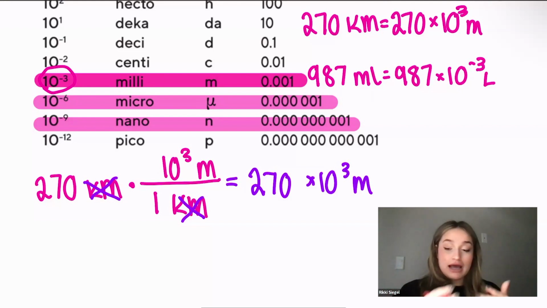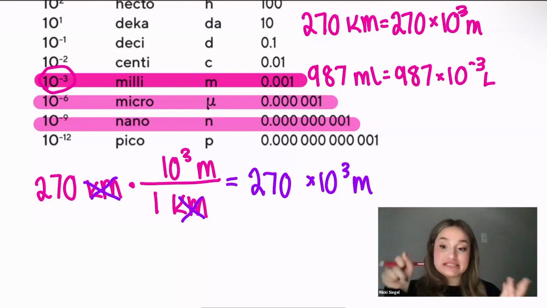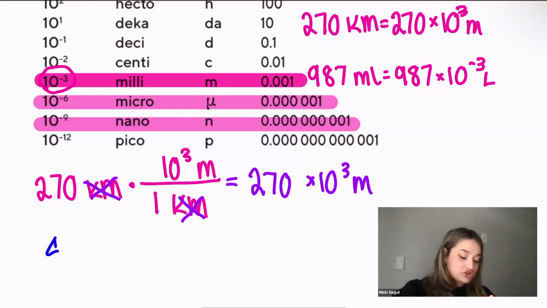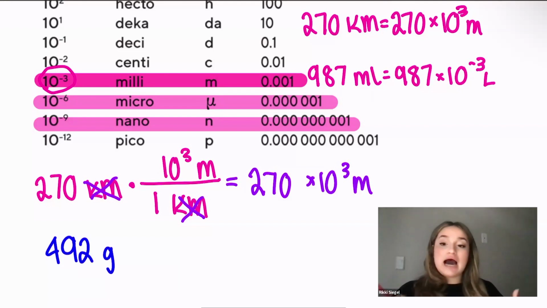However, if you want to go from a base unit and add on that prefix, you are going to have to flip the sign of the exponent. Let's say I had 492 grams, and I wanted to know how many micrograms this is.